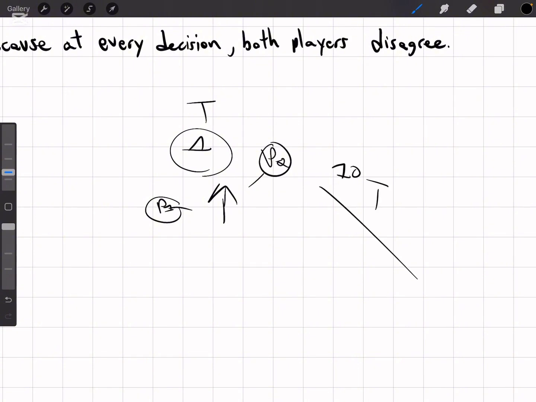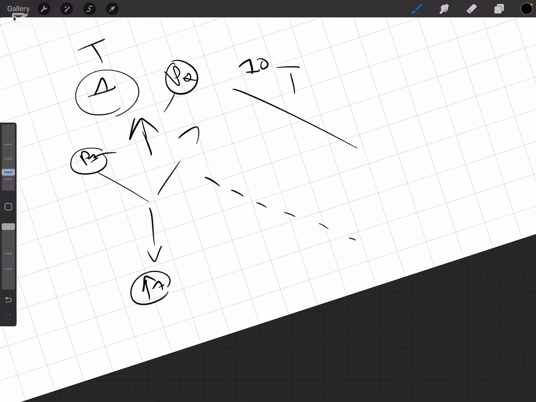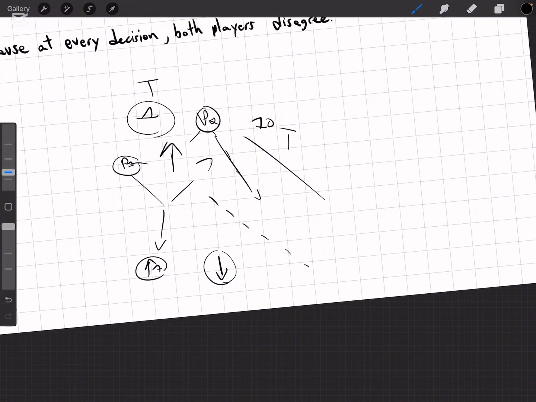Well, if player 1 decides, screw you, player 2, I'm going to go for my highest payoff, then for the rest of the time periods player 2 is going to go for his highest, and the net is just low for both players.